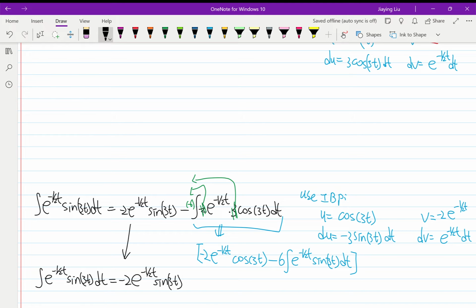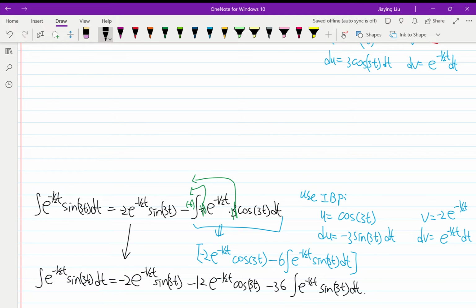But then I have +6, right, minus -6 is +6 times this bracket. So I get +6 times -2, that's a -12, e to the -1/2 t cosine 3t. +6 times -6, that's minus 36, integral e to the -1/2 t sine 3t dt.